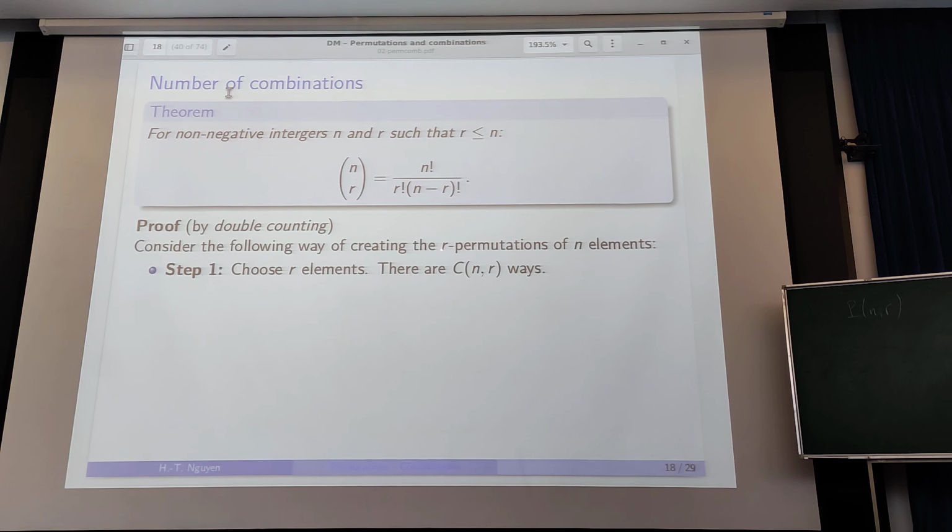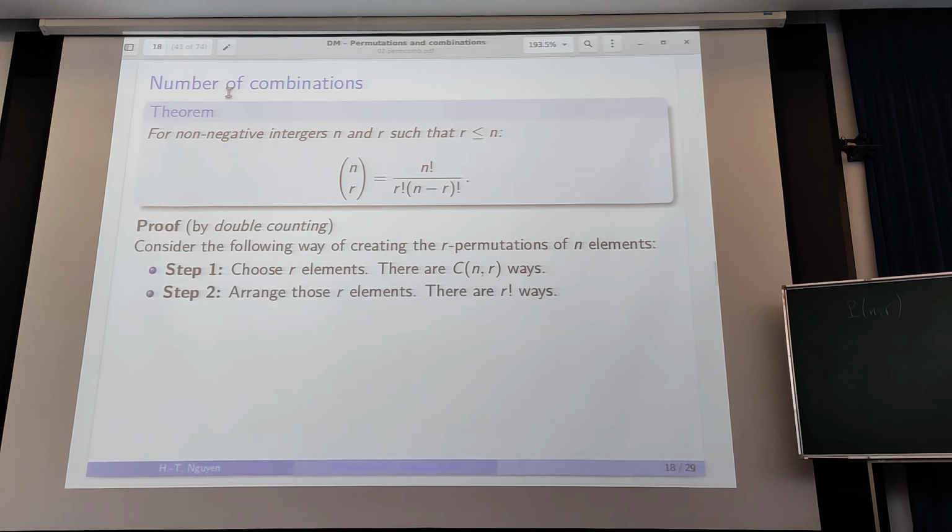Now, in order to create an r permutation, we have to take into account the order of elements. So we need to arrange these r elements. Remember that now we have chosen r elements, but we haven't arranged them.